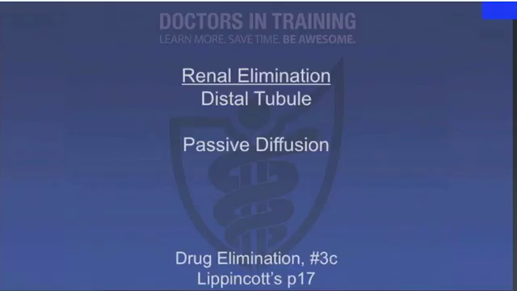And remember that charged drugs cannot pass through the lipid bilayer cell membrane very easily, but an uncharged drug, a lipophilic drug, can. And as they concentrate in the distal tubule, they may actually be reabsorbed by passive diffusion. They're just passing through the cell membrane and back into the interstitium from high concentration to low concentration.